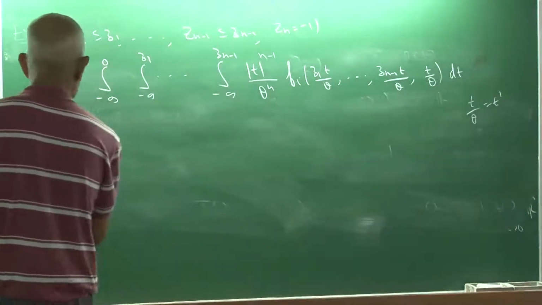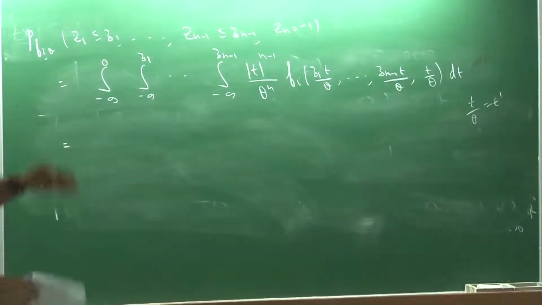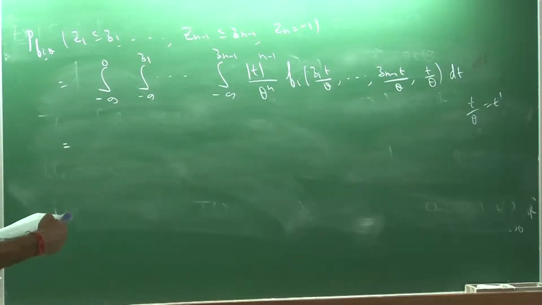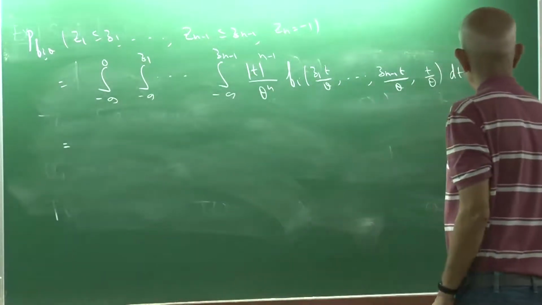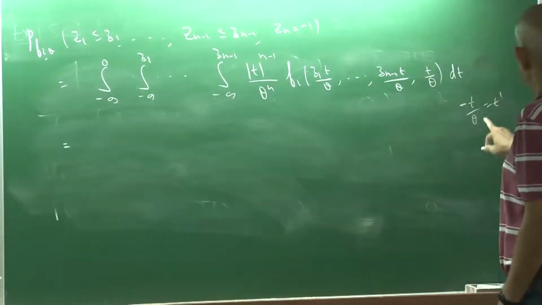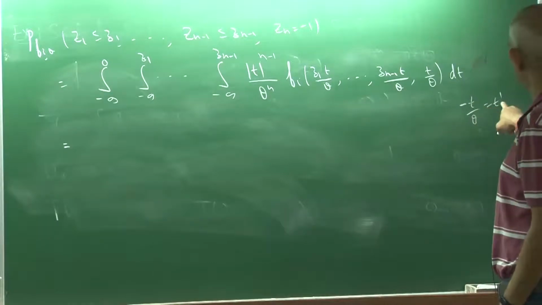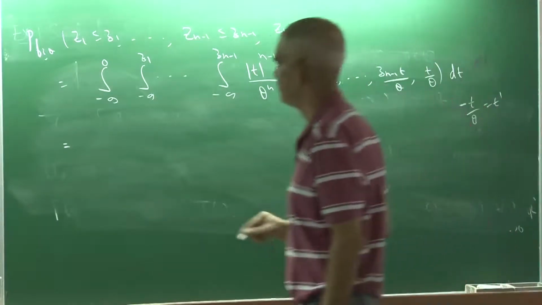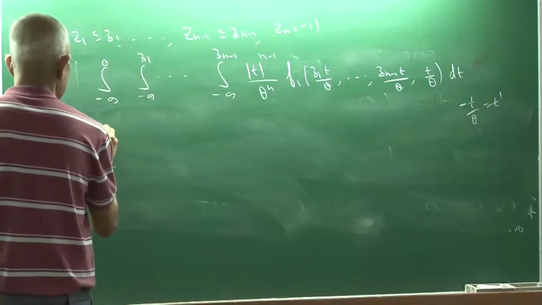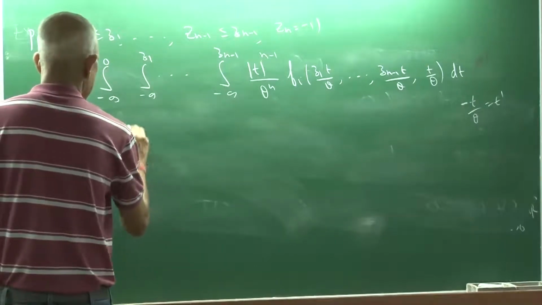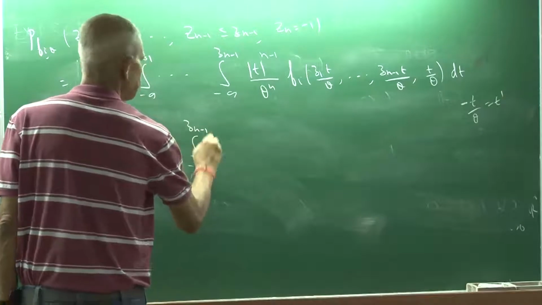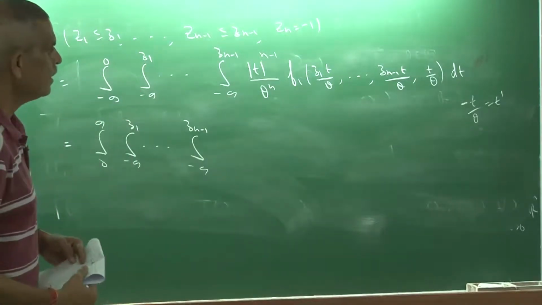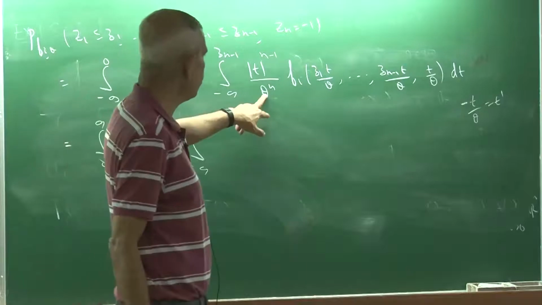Accept that. Now t is negative, so what I can do is make minus t by theta as t prime. Since t is negative, the range of t prime becomes from 0 to infinity. So this becomes 0 to infinity, minus infinity to z1, minus infinity to zn minus 1, and then 1 by theta goes in the Jacobian.